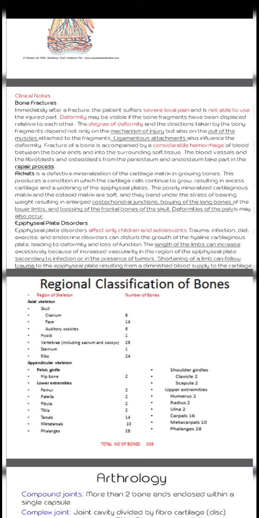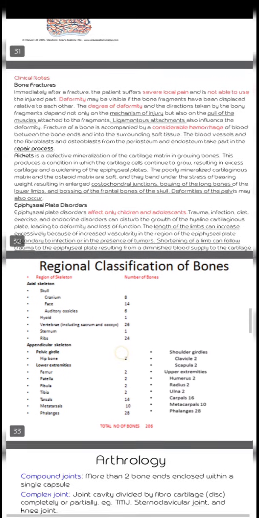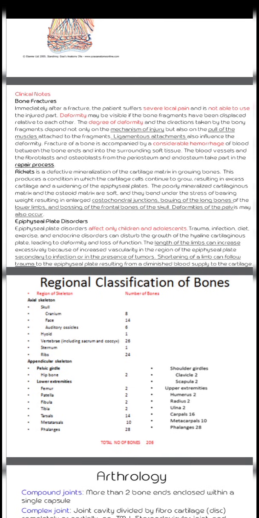Bowing of legs takes place. And bossing of frontal bones of the skull takes place. Deformities of pelvis may also occur. Bossing is जब ये माथा जो होता है ये बाहर की तरफ निकल आता है. It forms an arch-like pattern and it extends and it can be seen as an extension on the outside, and pelvic deformities may also be present.